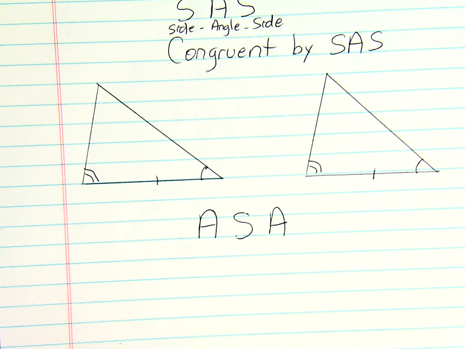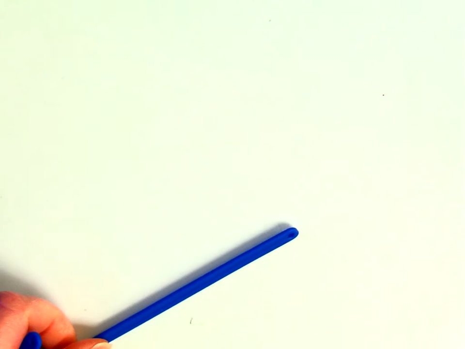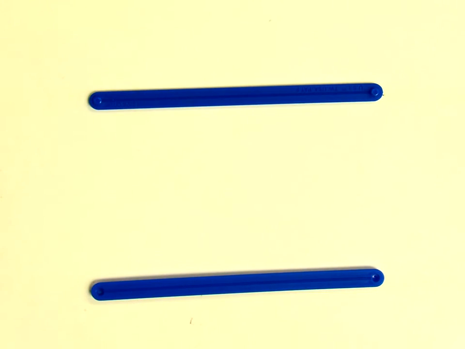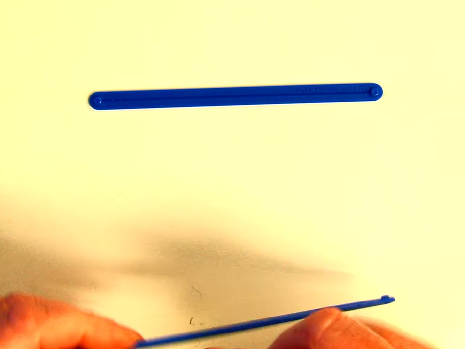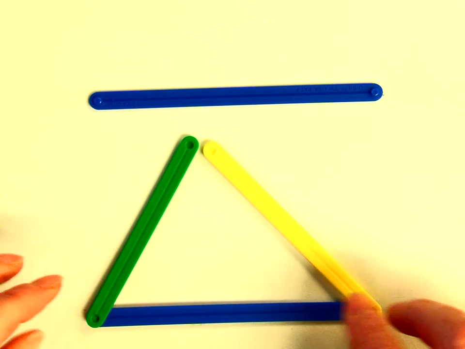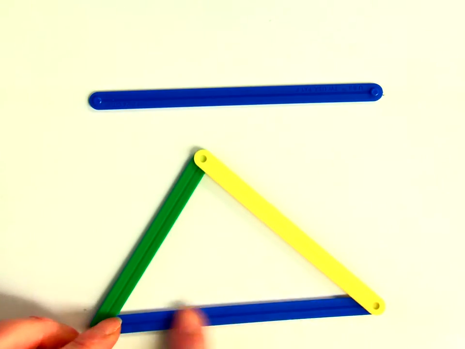So if I have two angles that are identical and a side, let's go back to our angle legs again here, and we'll have two equal legs. Now, in order to have this actually form a triangle, it has to be at these certain angles.